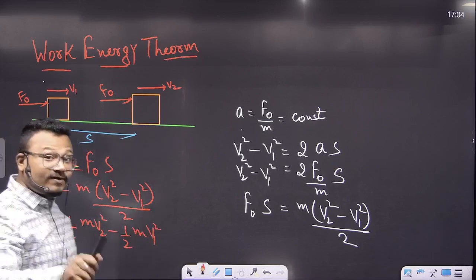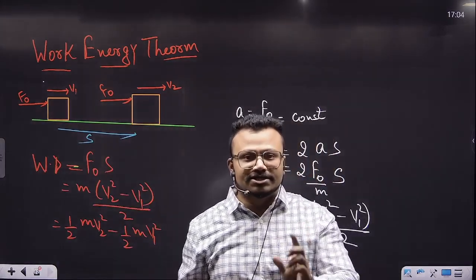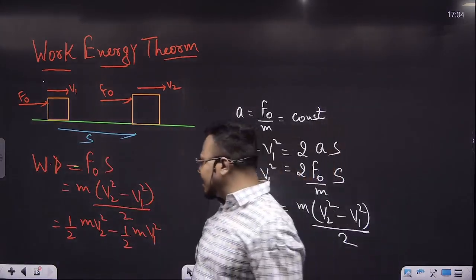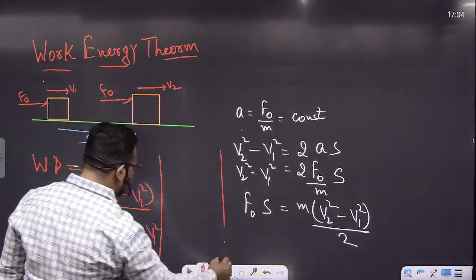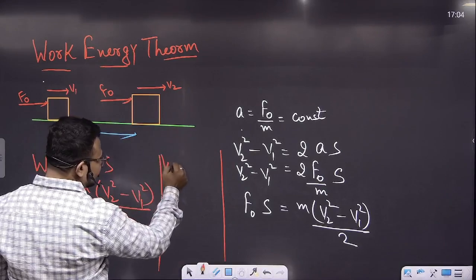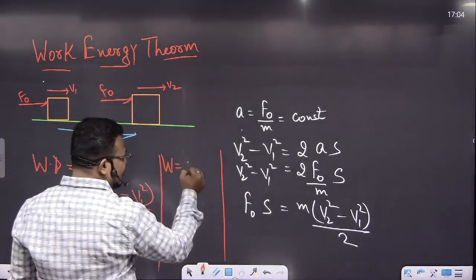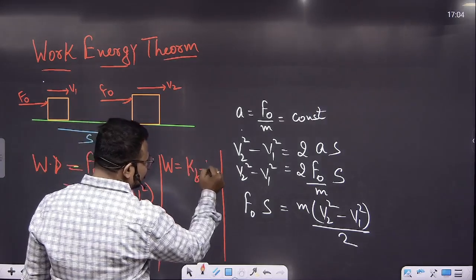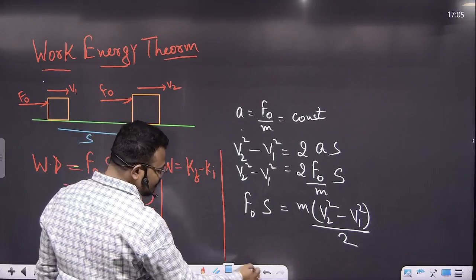Half m v square is the kinetic energy. So work done equals change in kinetic energy, that is K final minus K initial. This is the simplest form.